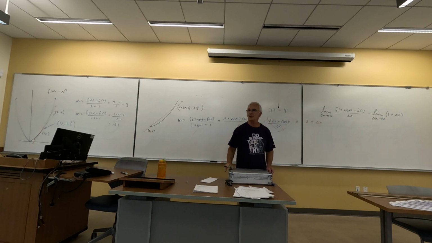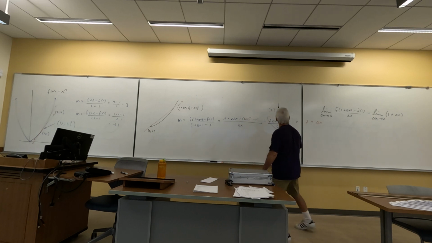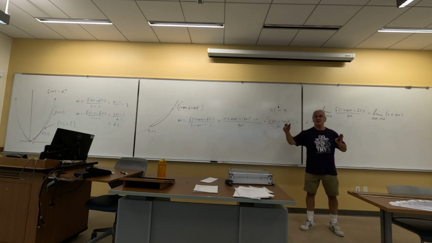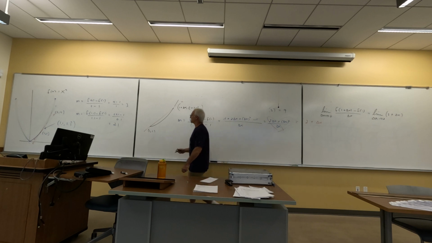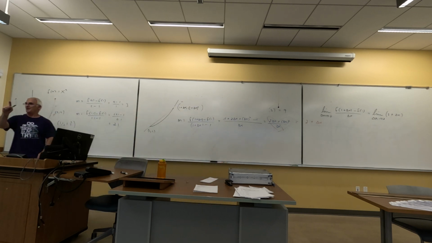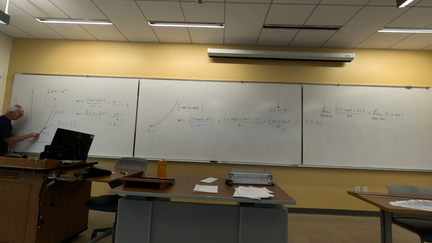But I said consider delta x as being something really small, and we just calculated the slope to be exactly this. Now if I say let's make those points get closer and closer together, what am I describing then? I'm describing the tangent line, aren't I? I'm describing the one line that passes through 1, 1.